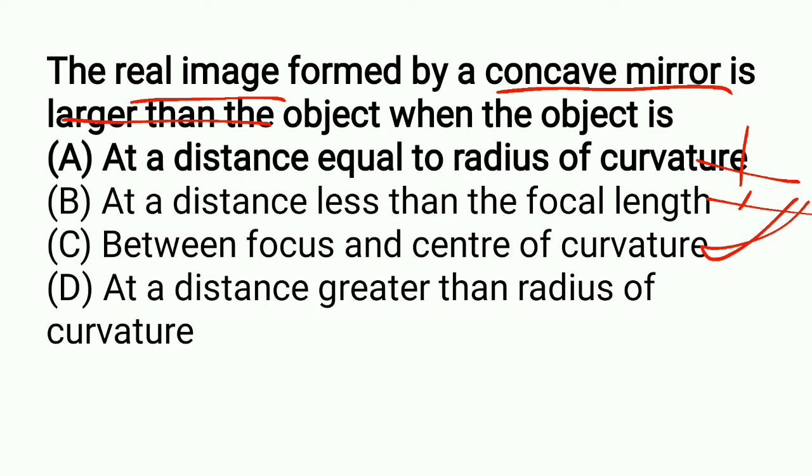At a distance greater than the radius of curvature, that is beyond C, the image formed is diminished. But here they have asked enlarged. So option D is also wrong. Only option C, that is when the object is kept in between focus and the center of curvature, you will get the enlarged image.